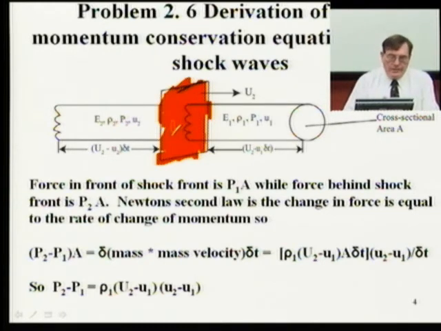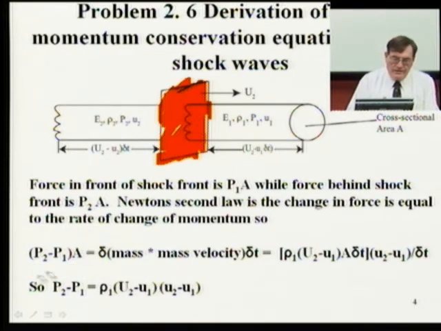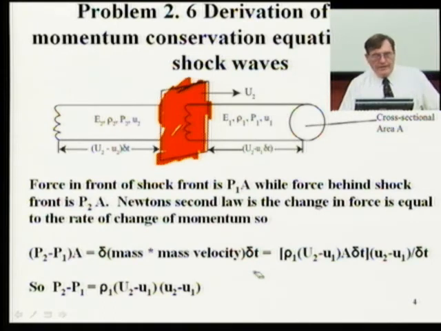And so the work done by this shock wave is P2 minus P1 times A delta T. And I'm leaving the delta T's out because I took actually the derivative of the mass times the mass velocity.